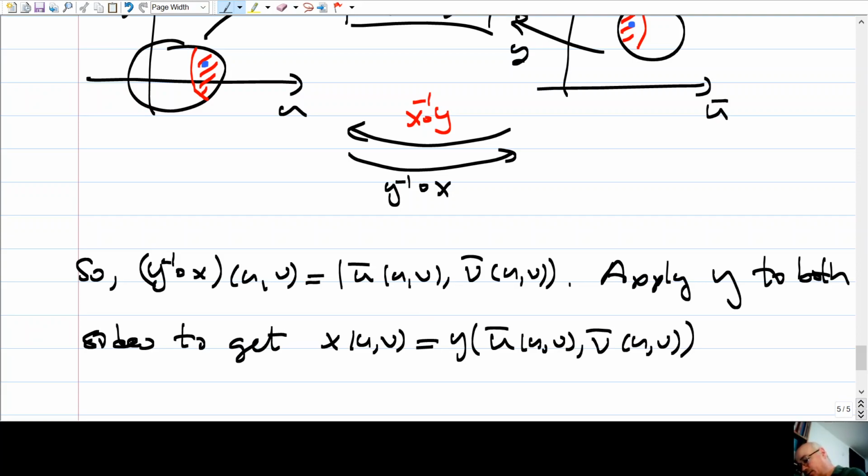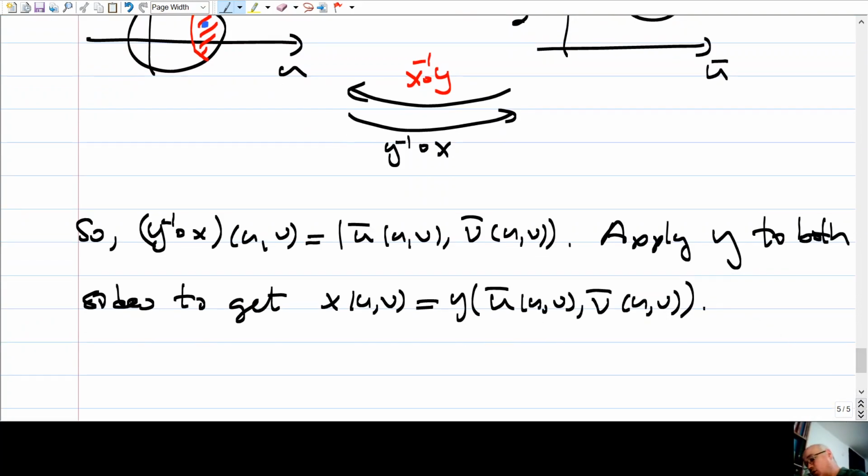Well, these are all homeomorphisms, actually diffeomorphisms. Therefore, uniqueness just follows from the fact that both X and Y are invertible functions.